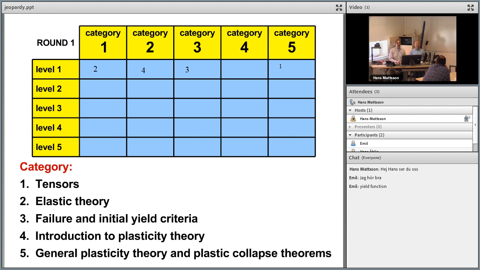Now we want an answer for what you choose. But it's taken. 4-1, okay. Group number 5 chooses category 4, level 1. Introduction to Plasticity theory.